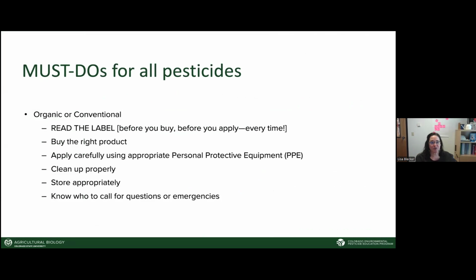Because nothing's more dangerous than a full concentrated bottle of pesticide just sitting in your garage that you're never going to use because you bought the wrong thing. Okay. So buy the right product. Always wear long sleeve shirt, long pants, socks, closed toed shoes, chemical resistant gloves, and safety glasses are what I always recommend. Clean up properly, store those pesticides appropriately, and then know who to call for questions or emergencies.